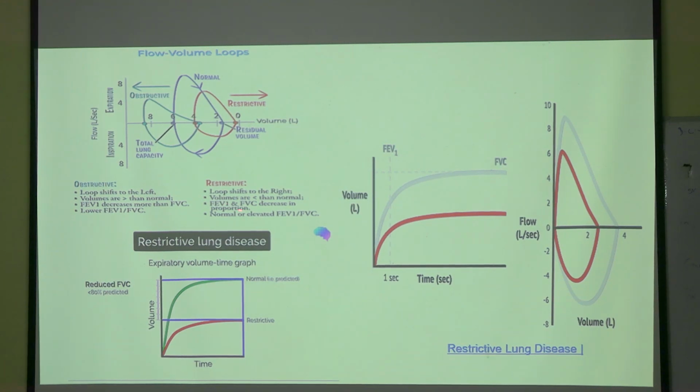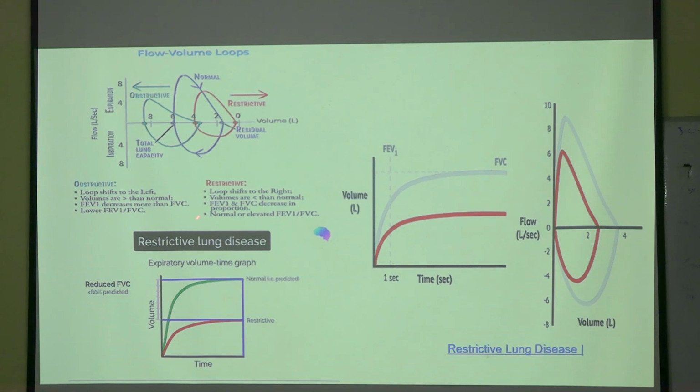And other than this, volumes are less than normal. All the volumes, like tidal volume, there is a volume decrease. The most important ones are FEV1 and FVC decreasing in the population. As I have already mentioned, the FVC decreased as well as the FEV1 decreased. These are the most important features by which you can diagnose the subject.